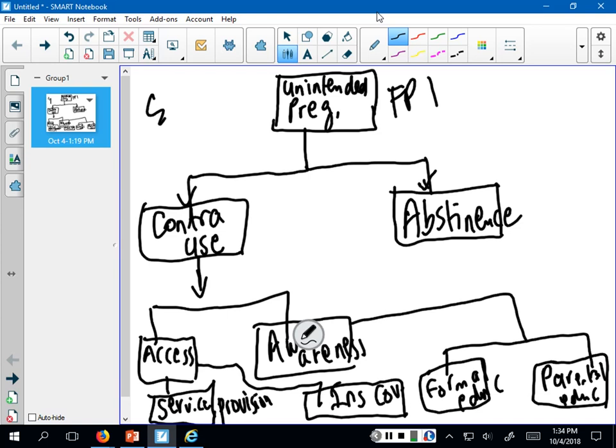Folks, how many did the homework? So you need to speak up. So FP1, right? Increase the proportion of pregnancies that are intended from the baseline of 51% in 2002 to a target of 56% in 2020, a 10% improvement rate.